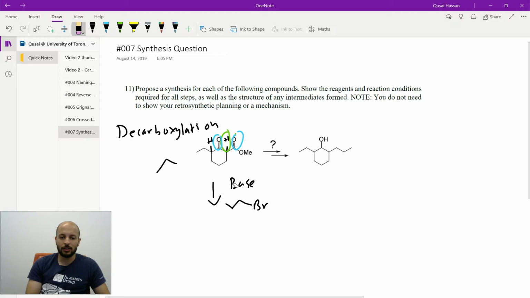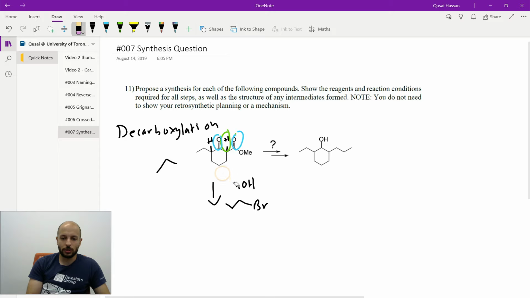Now the thing is, with the base, you want to be careful. Usually what I see students do when I'm marking exams is they use NaOH. In this case that's fine, but sometimes you want to be careful because if you use NaOH, it's going to convert the ester into a carboxylic acid. In this case it doesn't matter, but sometimes you don't want to convert that ester to a carboxylic acid.